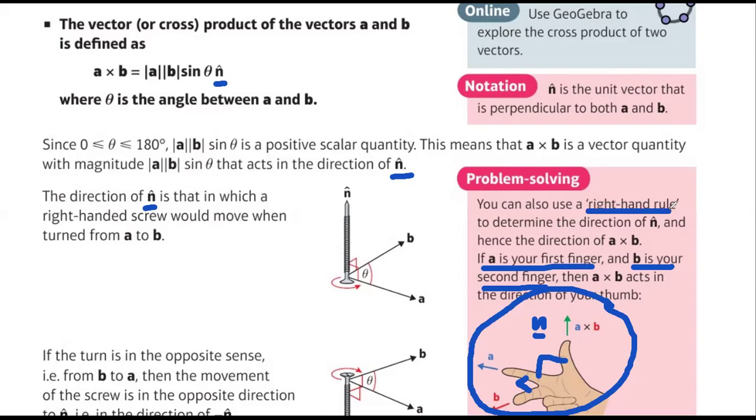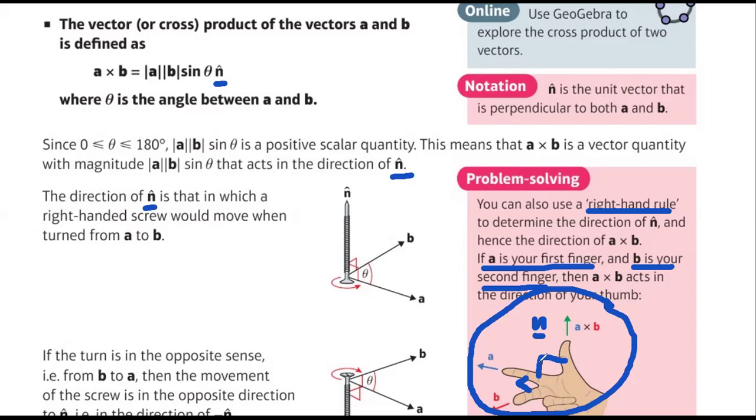Right hand rule. You can use your right hand. First finger, second finger, and thumb perpendicular to each other. A and B, you can set in the same direction as A and B, first and second finger.